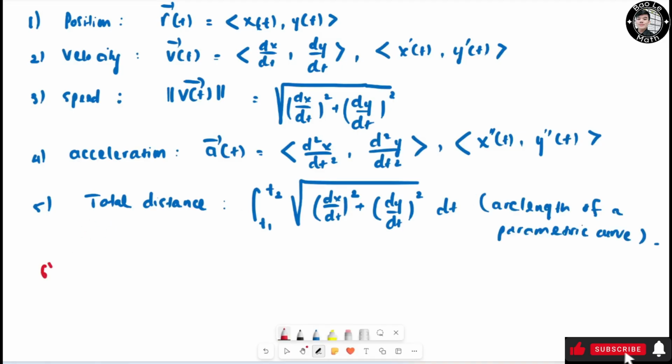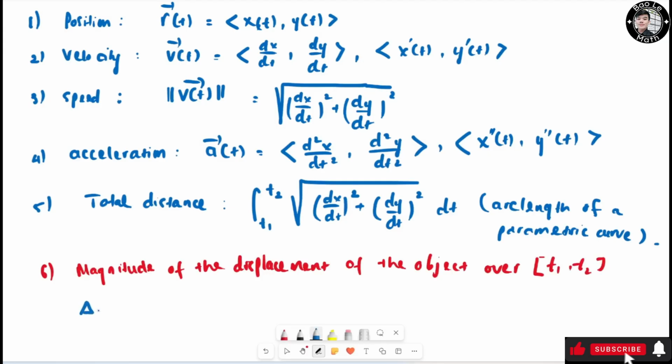Now, number six, we're going to talk about the magnitude of the displacement of the object over the time interval t1 to t2. We need to calculate delta x equals integral from t1 to t2 of dx over dt times dt, right?